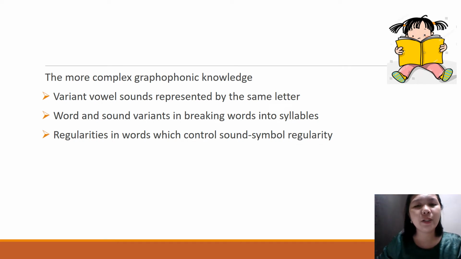More complex graphophonic knowledge: variant vowel sounds represented by the same letter, word and sound variants in breaking words into syllables, regularities in words which control sound symbol regularity, and the use of context as a link between word sound and word meaning.